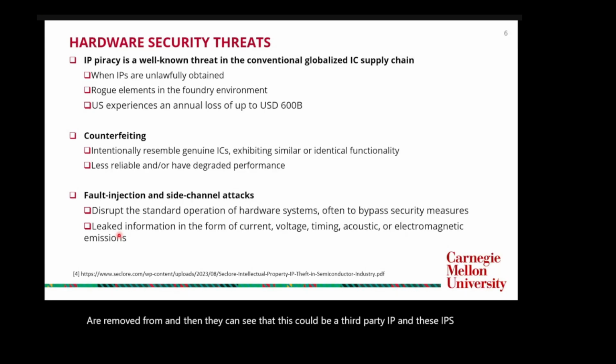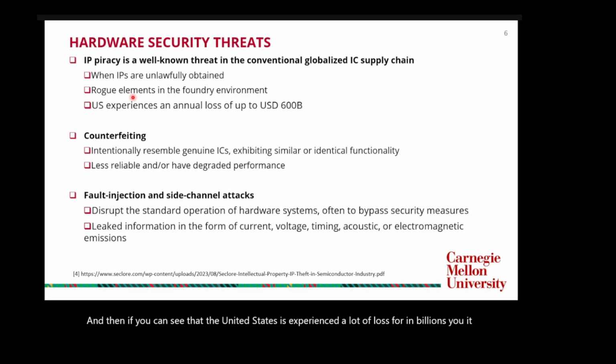So why is this happening? We cannot say that big companies try to do this. Maybe there is a rogue element, an employee in the foundry or someone else, right? And the United States experienced losses in the billions. It was reported in 2022, and it will still be more than this number, right?